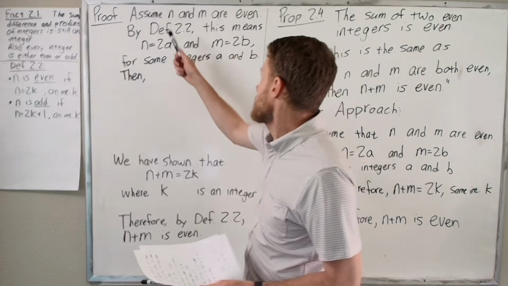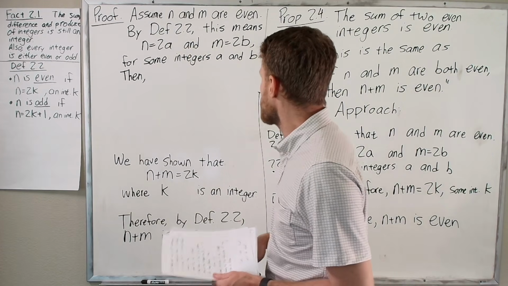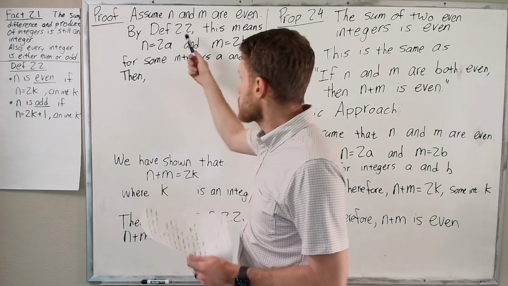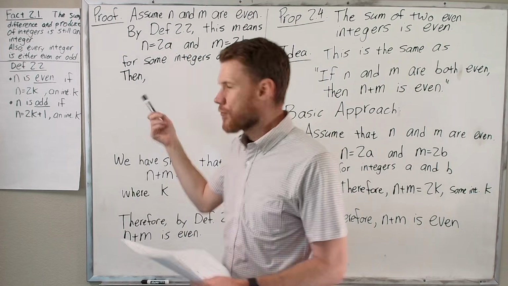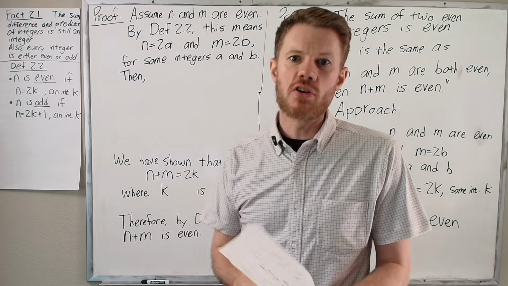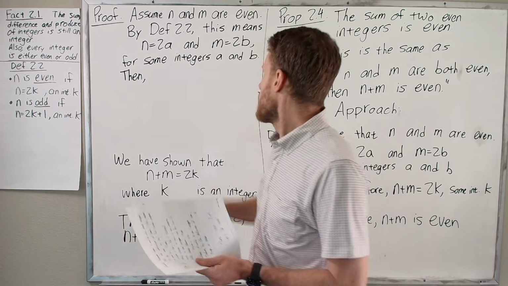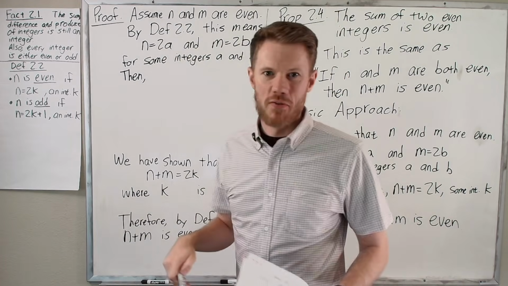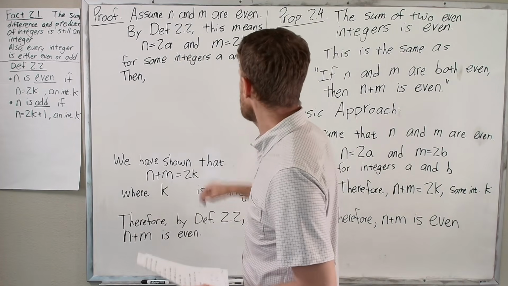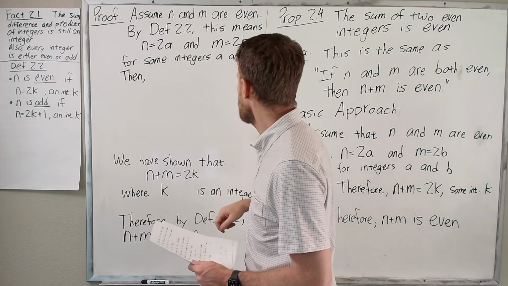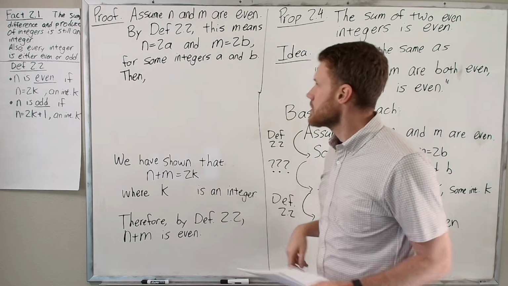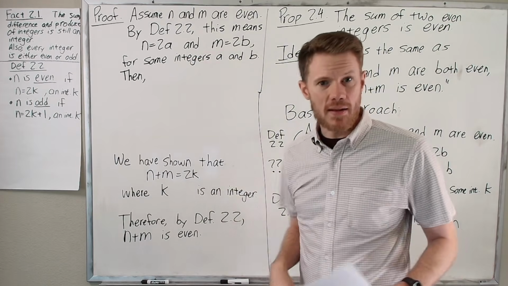The proof's going to start by saying, assume n and m are even by definition 2.2, and you can refer to the actual numbers in your work, or you can just say, by the definition of an even number. Both of those are fine. I wrote, mostly for space, by definition 2.2, this means that n equals 2a and m equals 2b for some integers a and b.